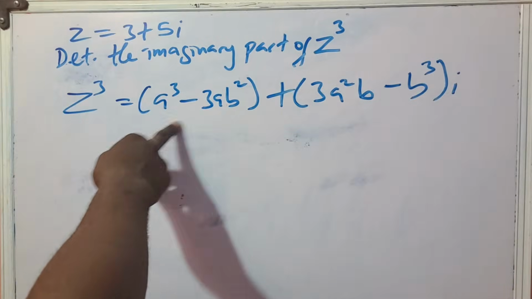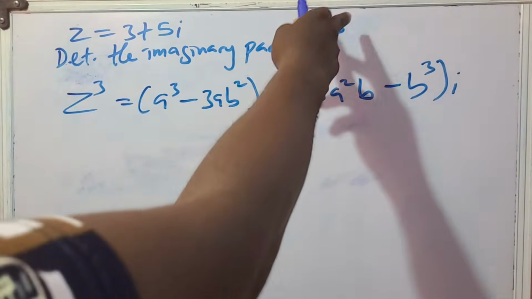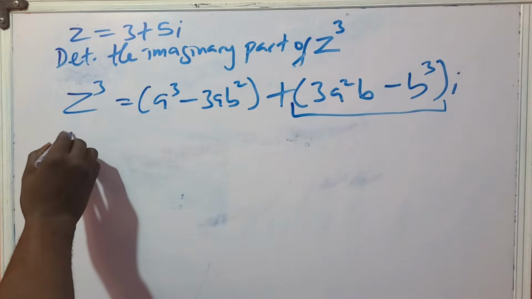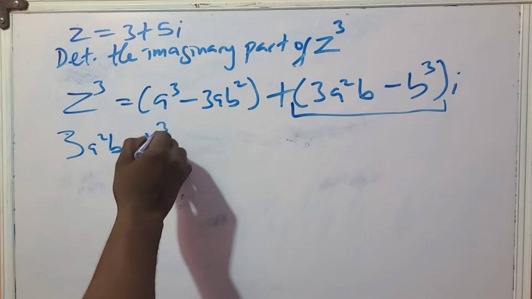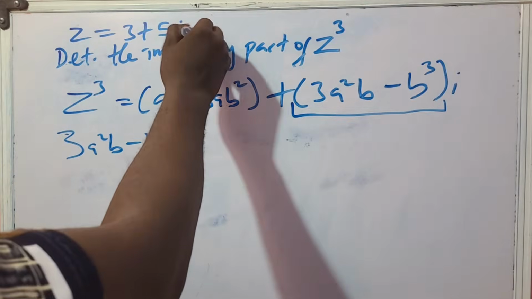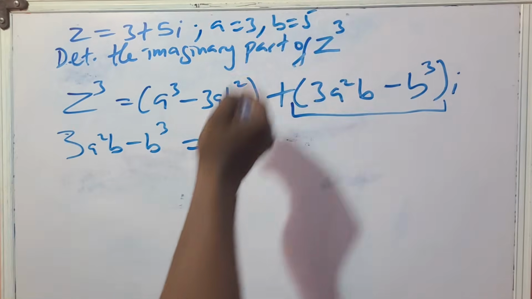And this is the real part. This is the imaginary part. So when I'm asked to find the imaginary part of z cubed, I'm only interested in this. So I want to find 3a squared b minus b cubed. Whatever this gives me is going to be my answer. So my a here is obviously 3, and my b is 5.